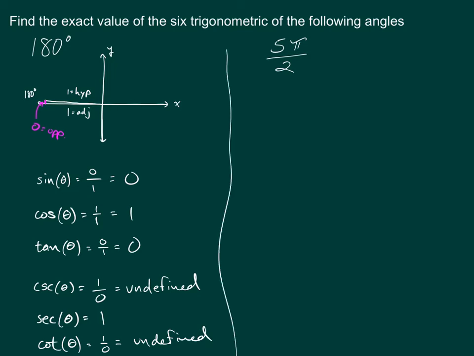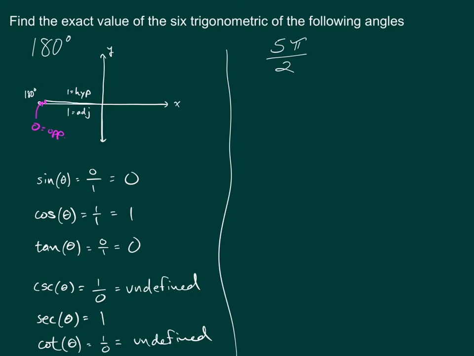So here we have these 6 trig functions, the values of the 6 trig functions for this 180 degree angle. And something very similar can be done over here with the 5 pi over 2.